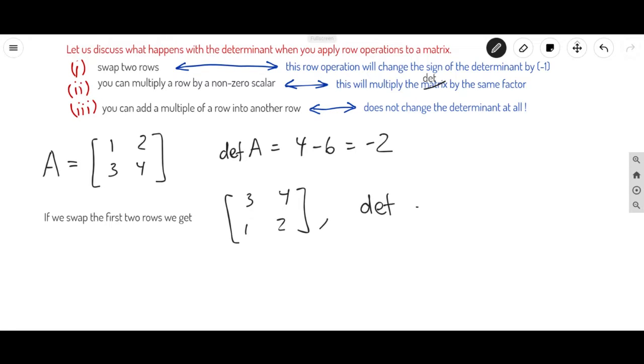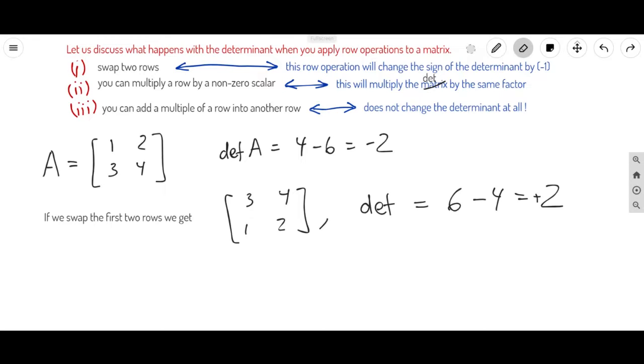And now the determinant, if you do it, is going to be equal to 6 minus 4, which is 2. It's +2. You see, you had a sign change. You had a negative over here and a positive over there. Okay, so this illustrates the first one.